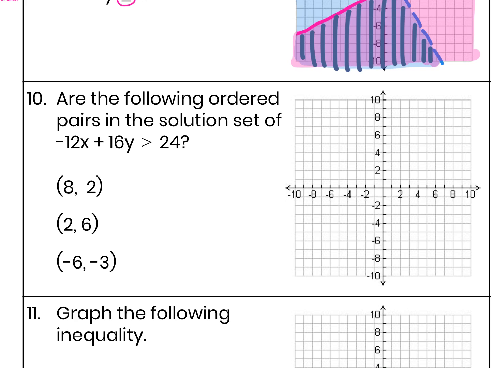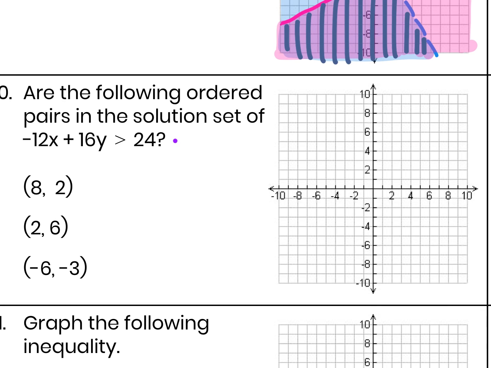Okay, number 10. Are the following ordered pairs in the solution set of negative 12x plus 16y is greater than 24? So first, I need to know what that graph looks like. So I would clear the calculator and type this into graph. Then you can do menu 5-1 for trace so that you can graph it as accurately as possible.